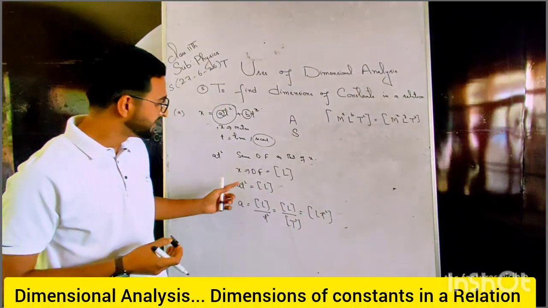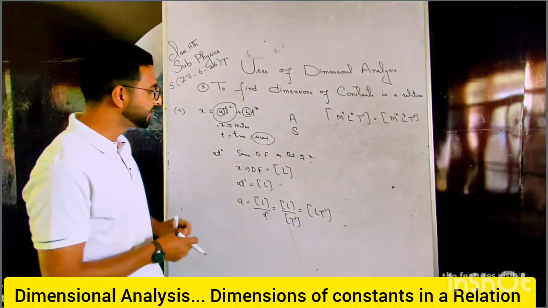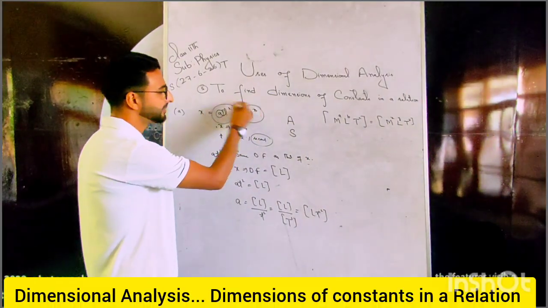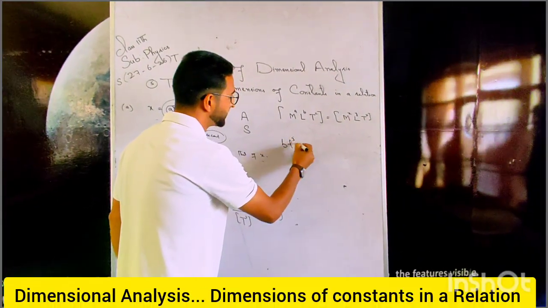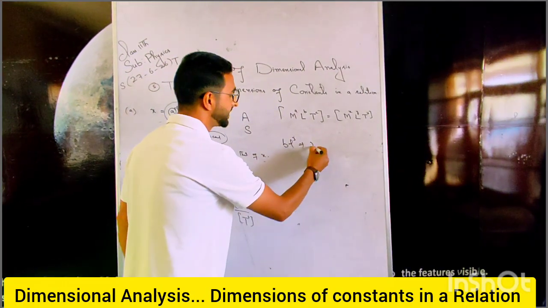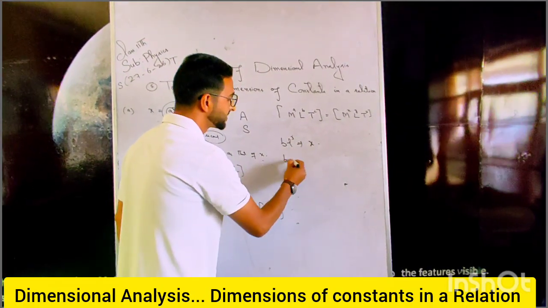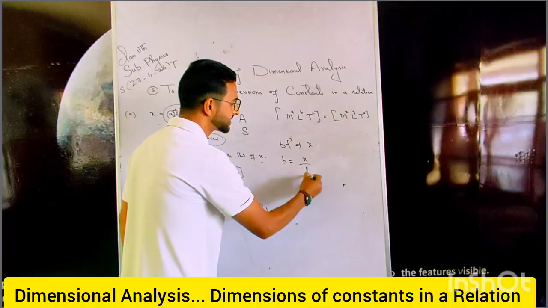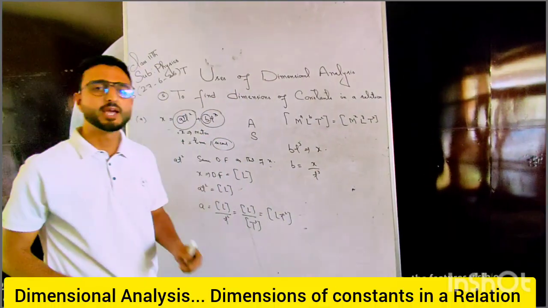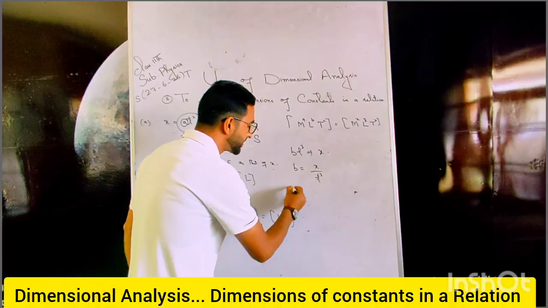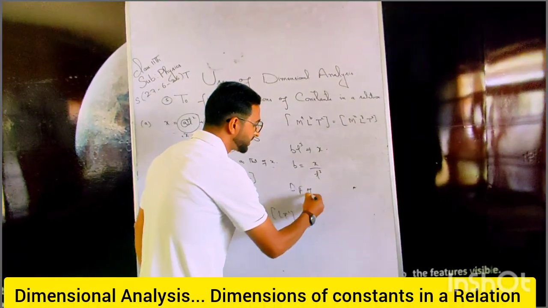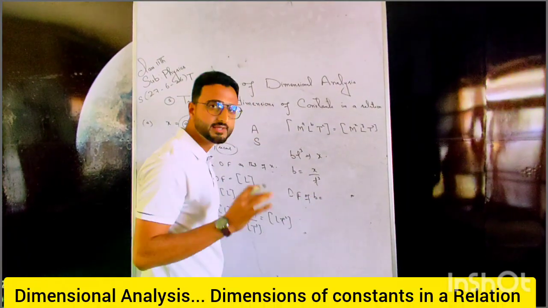So far we have found the dimensional formula of A. Now let's try to find out the dimensional formula of B. See, so bt cube, it should have the same dimensional formula as that of x. Now B must have the dimensional formula of x by t cube. This is basically the application of dimensions and dimensional analysis. Now, let's try to find out the dimensional formula of B, that is another constant in this very relation.